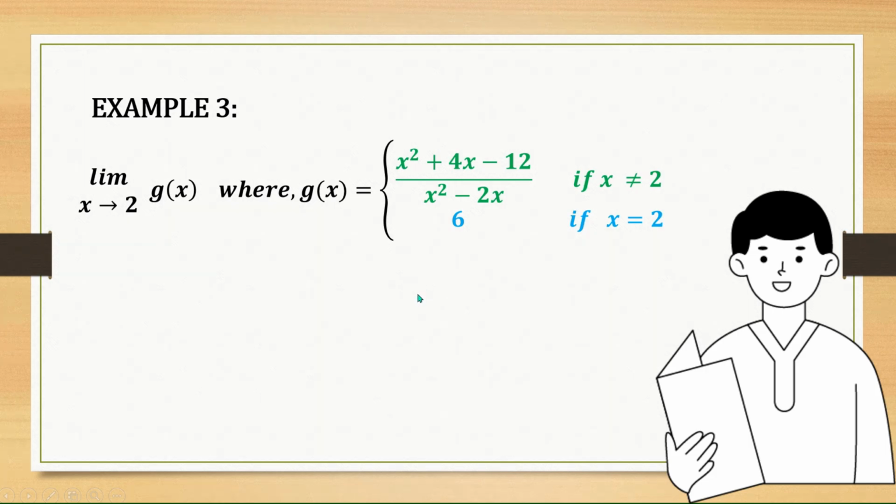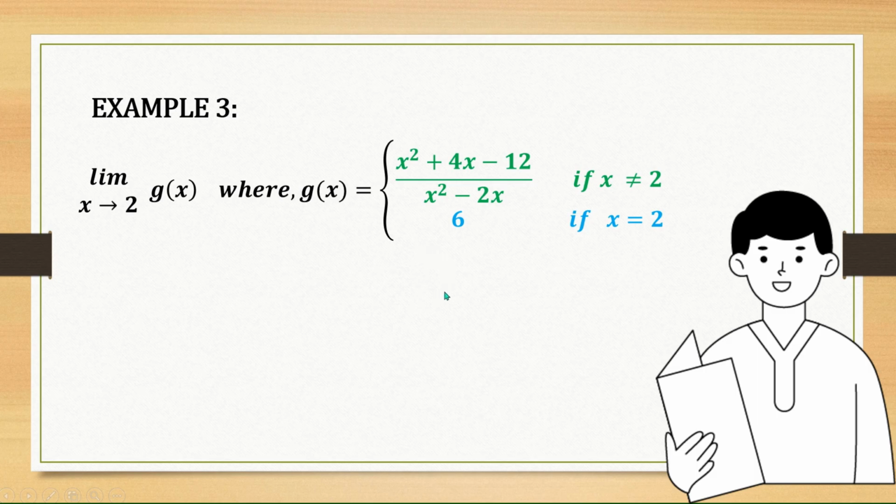So this is how we interpret it. If we evaluate g of x where x is not equal to 2, we use this function. And if we evaluate g of x at x equal to 2, we use the function here. Okay, so that's how simple it is to interpret a piecewise function.